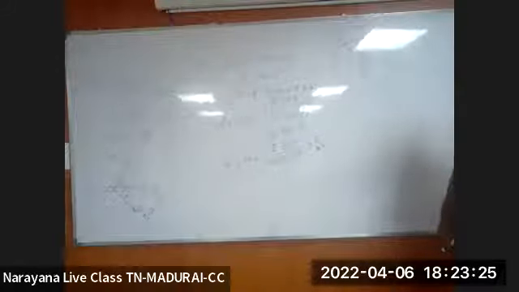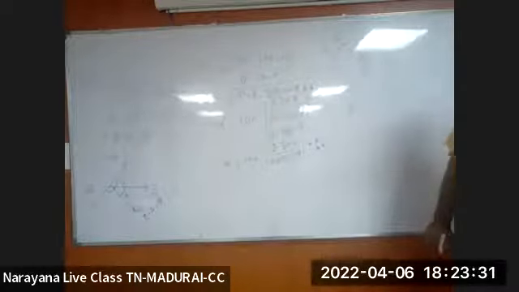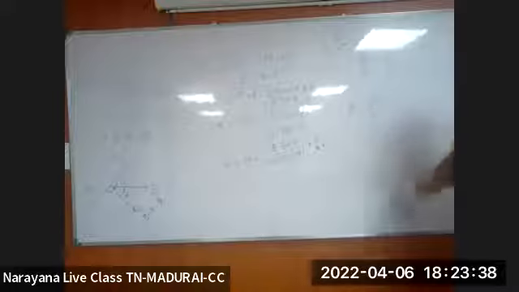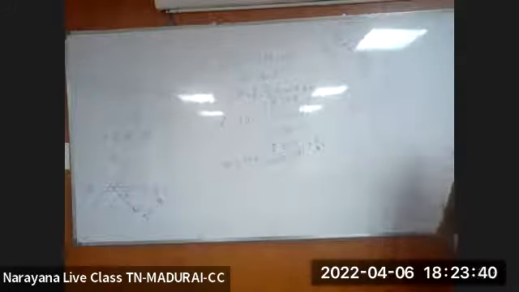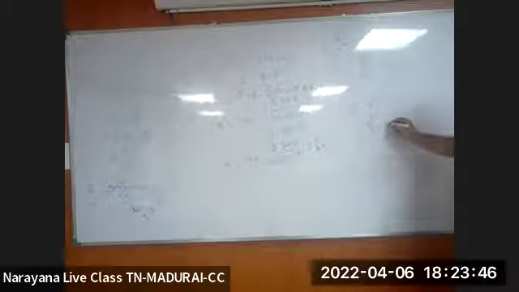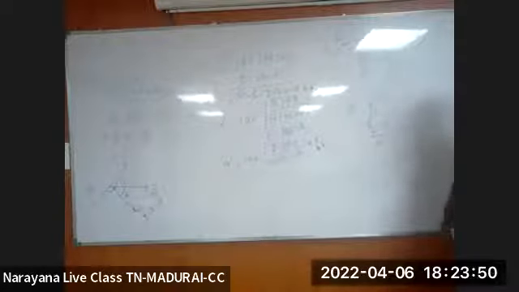Now here I want to find the acceleration of the car. Tell me what is the acceleration of the car? How can you define acceleration? Change in velocity by time taken is defined as acceleration. Change in velocity means final velocity vector minus initial velocity vector, divided by time taken.